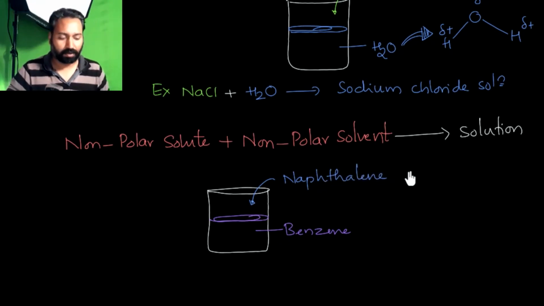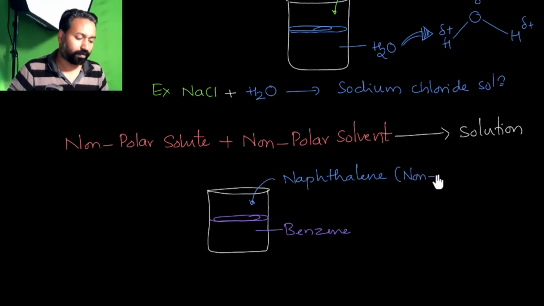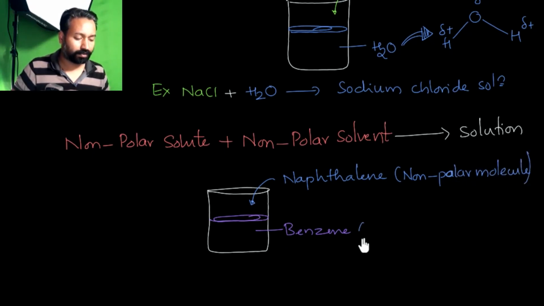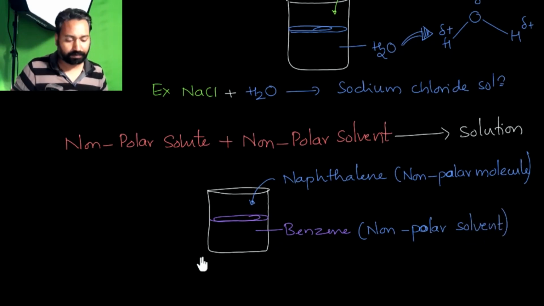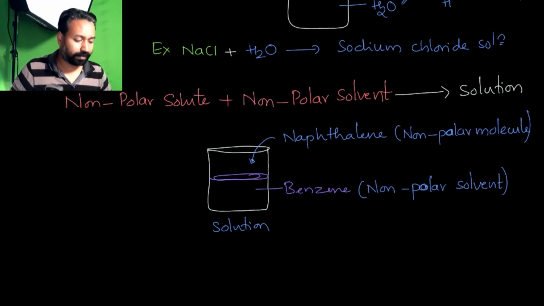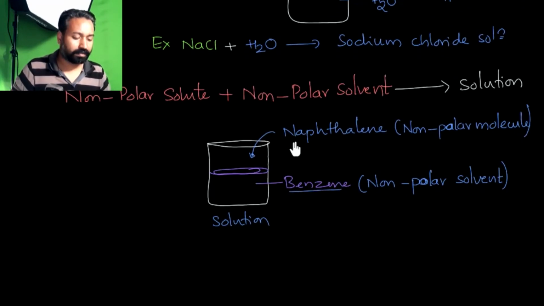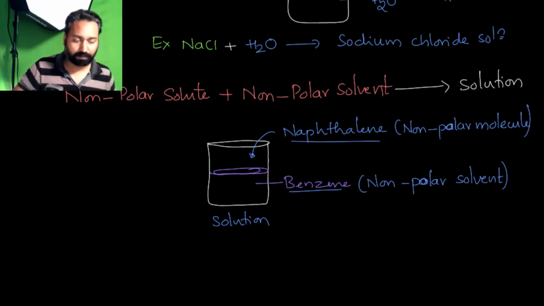The naphthalene is a non-polar molecule, and it dissolves in a non-polar solvent. This leads to the formation of a solution. When naphthalene is dissolved in benzene, a non-polar solute is dissolved in a non-polar solvent.